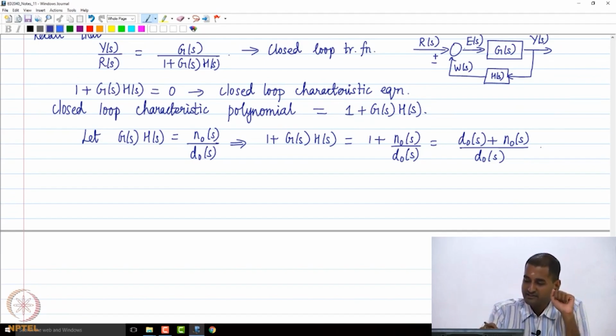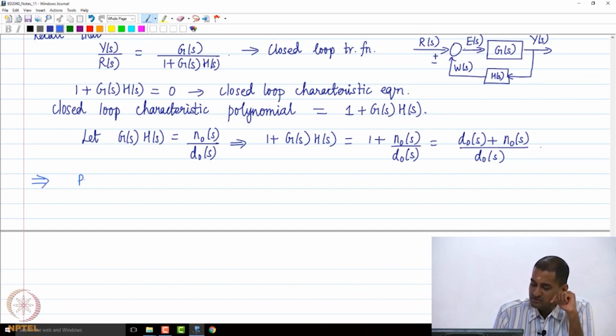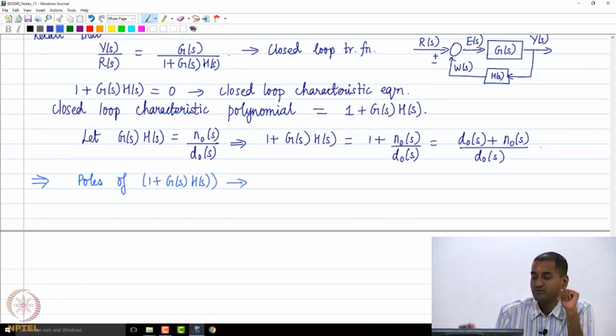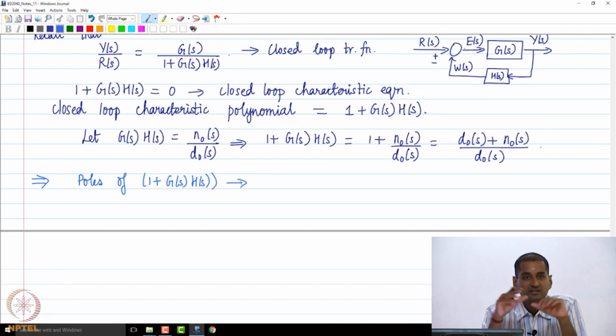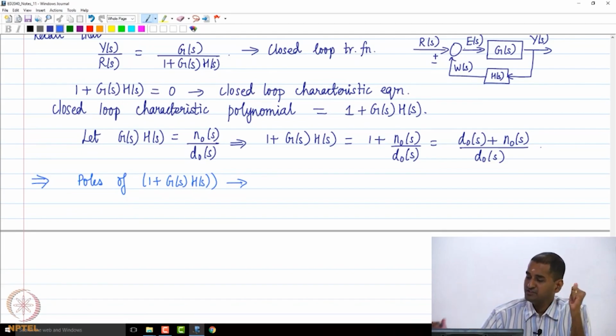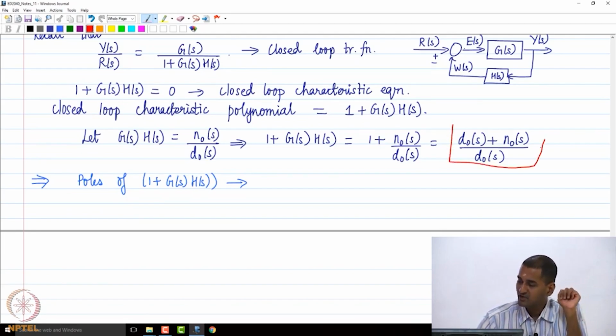So, you can immediately see the poles of 1 plus G of s H of s. If you consider the characteristic polynomial 1 plus G of s H of s, that is going to be a ratio of 2 polynomials in s, is it not? What is the denominator polynomial?